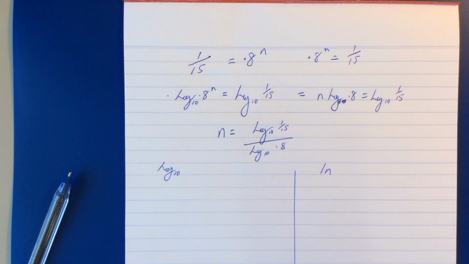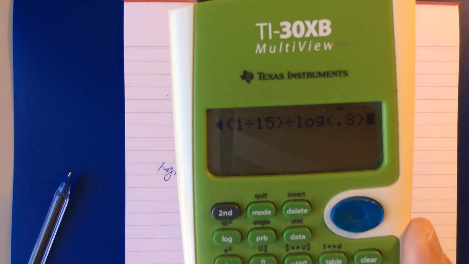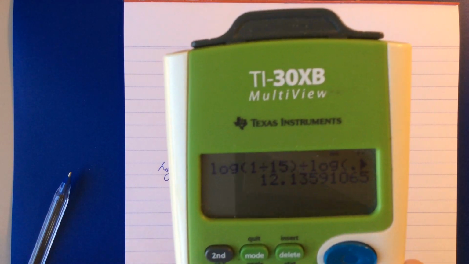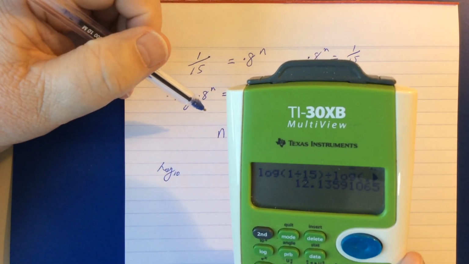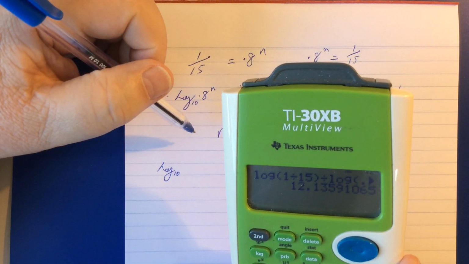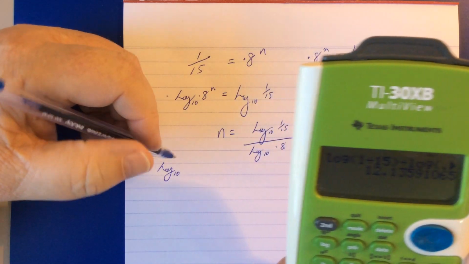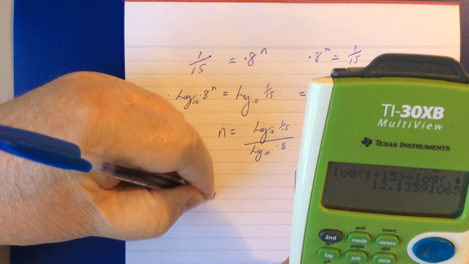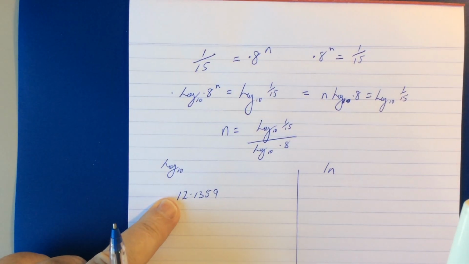And we're dividing that by log of 0.8. So there it is in the calculator in logs and base 10. And our answer is 12.1359. That's using logs in base 10.